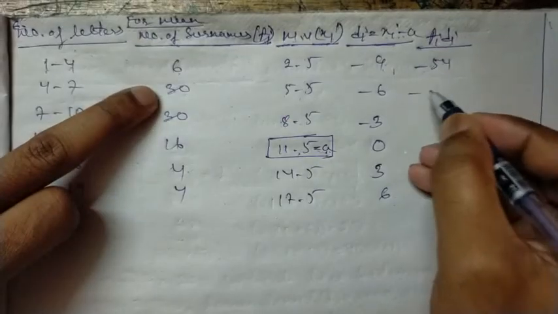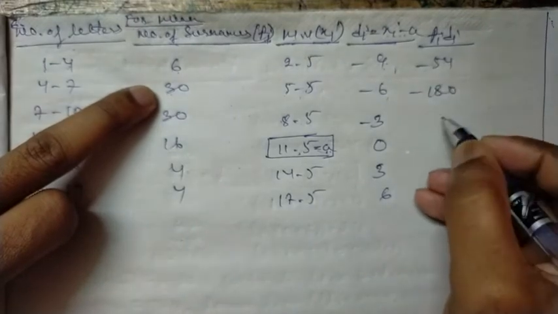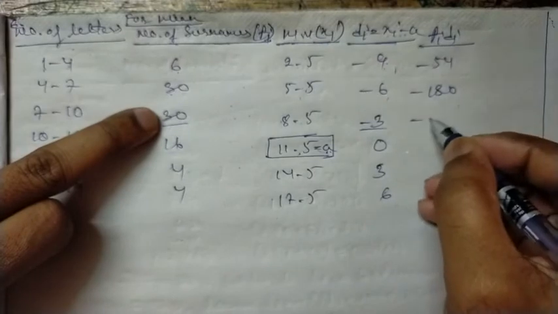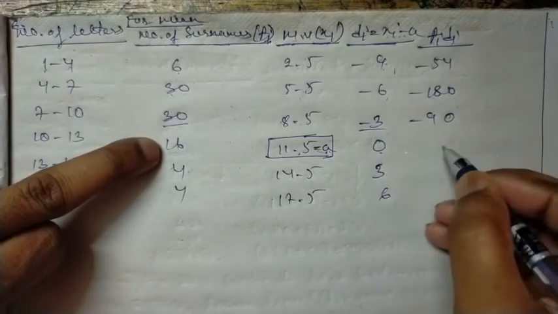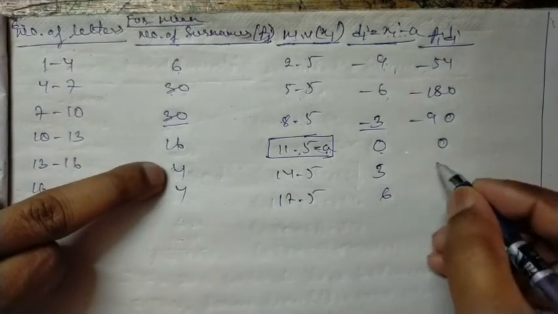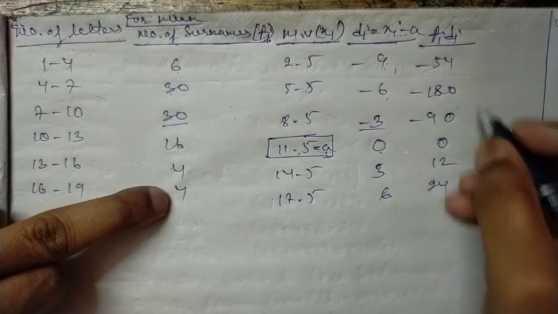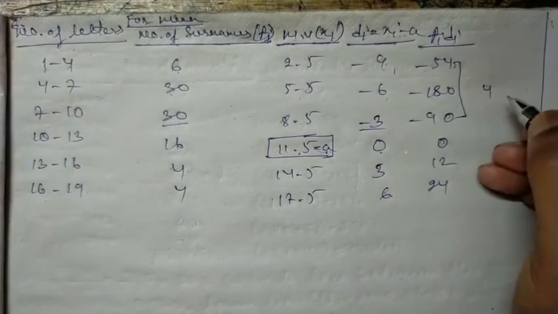This one, if you multiply, you will get 30 into 6. 6 3s are 18, 180. Then this and this will get 3 3s are 9, 90. 16 into 0, you get 0. 4 3s are 12, 4 6s are 24.